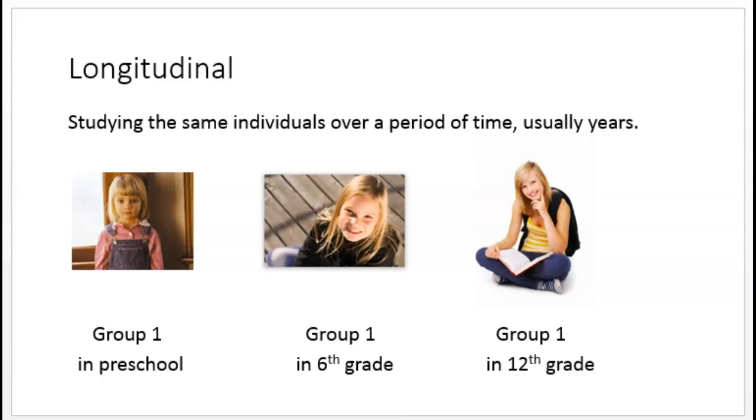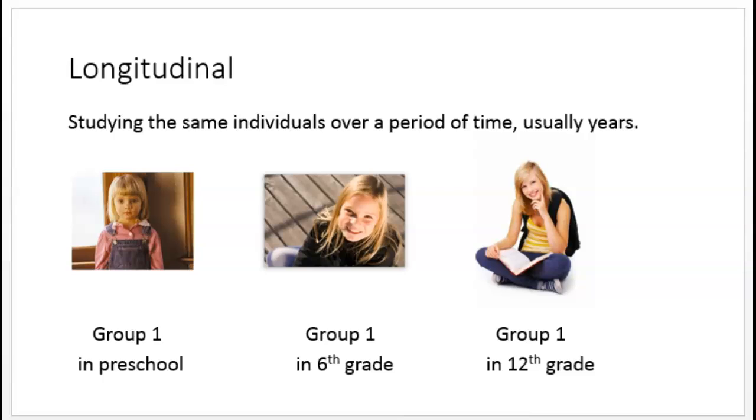So to overcome that, you could use the longitudinal approach. So here you are studying the same individuals over a period of time, and this is usually years. All right. So here you would measure the vocabulary skills of a group of kids in preschool, and then you wouldn't wait a bunch of years, but maybe you'd be measuring their vocabulary every year from preschool through 12th grade.